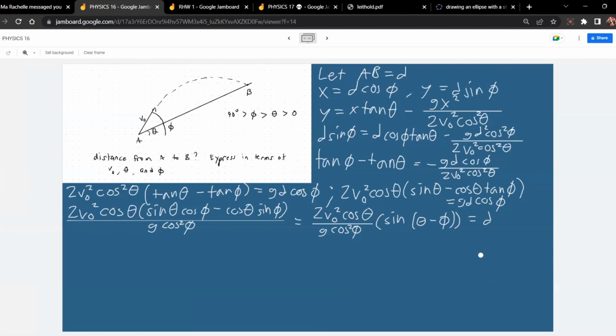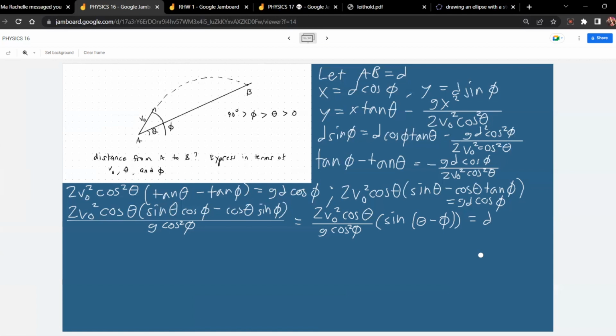So tangent phi is equal to sine phi over cosine phi, sine theta over cosine theta, cosine phi 2v naught square cosine squared theta.